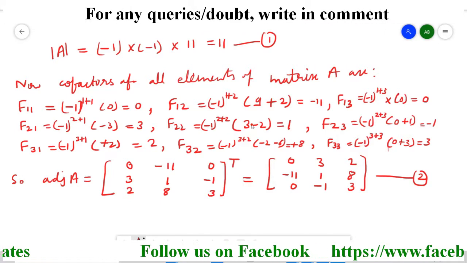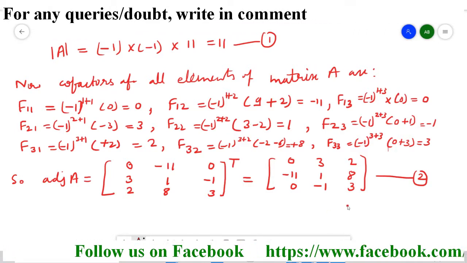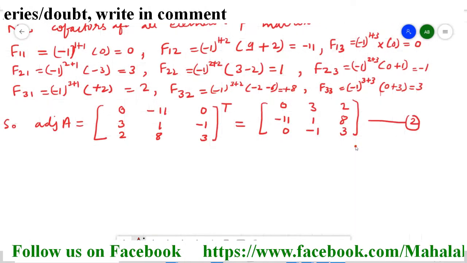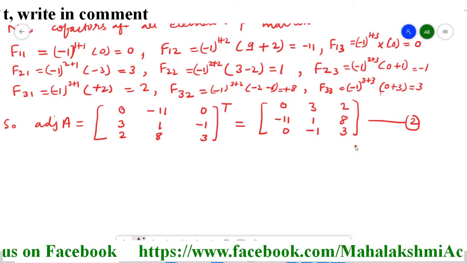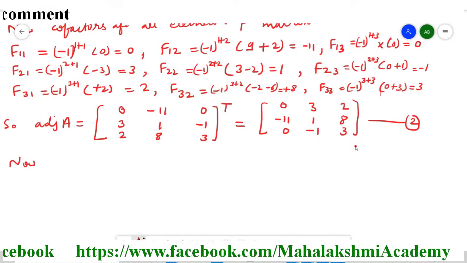Now we'll start to prove our result. For that we have to multiply the matrix A and adjoint A. We'll write down here, one by one we'll prove it.